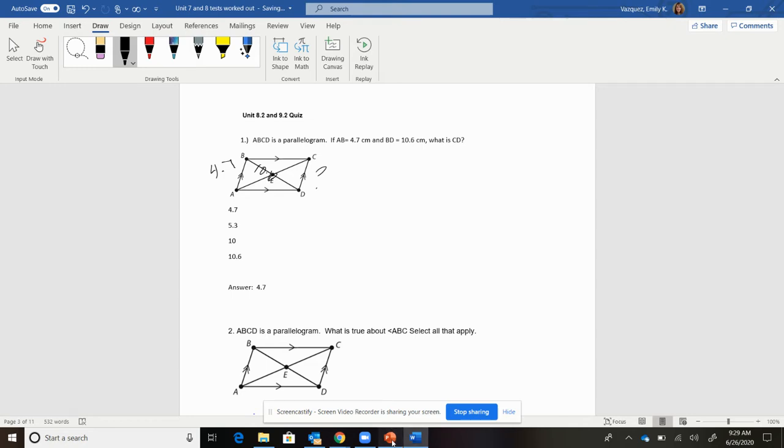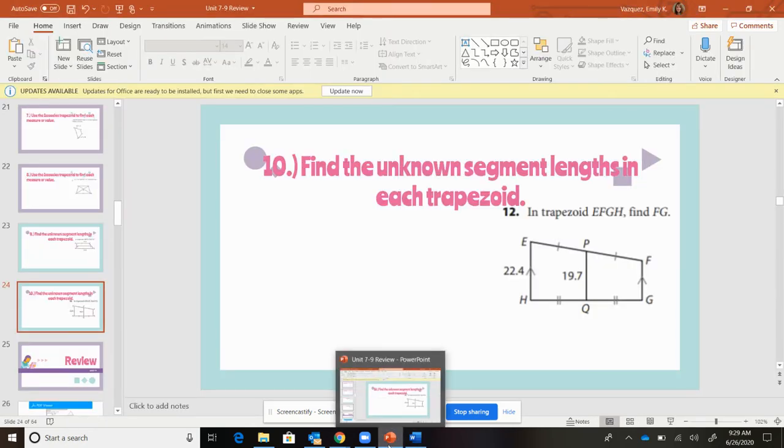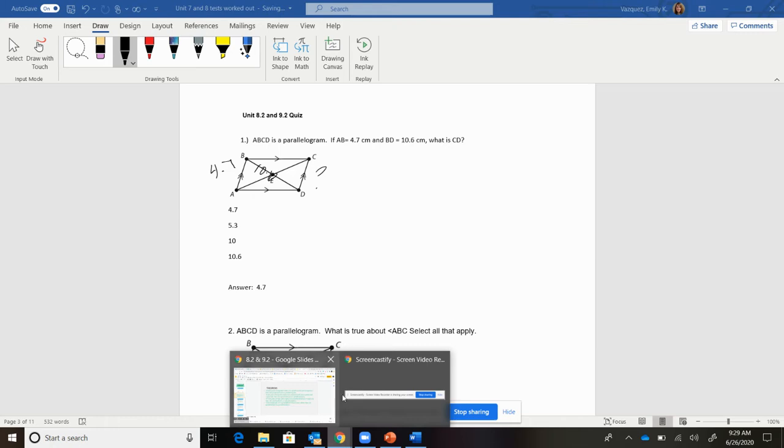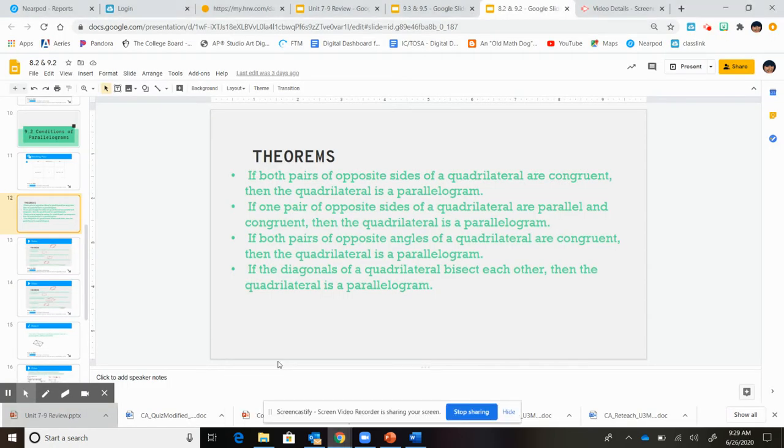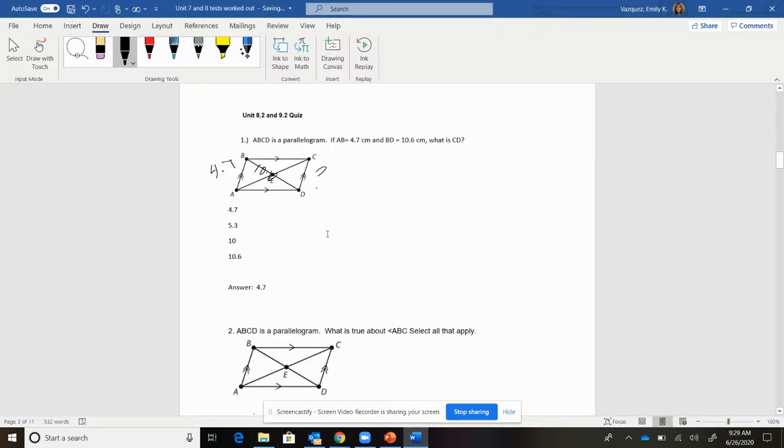So if I look at my properties that I can pull up really quickly, the first one says that both pairs of opposite sides of a quadrilateral are congruent. So I'm really trying to focus on the sides because that's what I'm given here. And it says that the opposite sides are congruent. So if BA is 4.7, then CD has to be 4.7 as well.